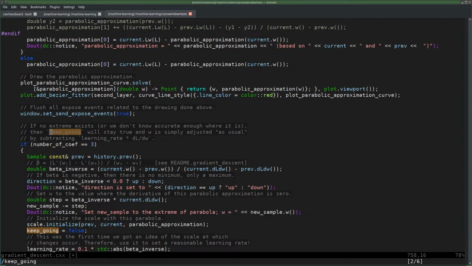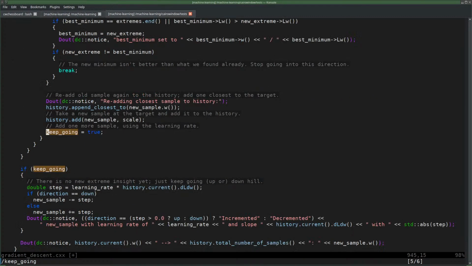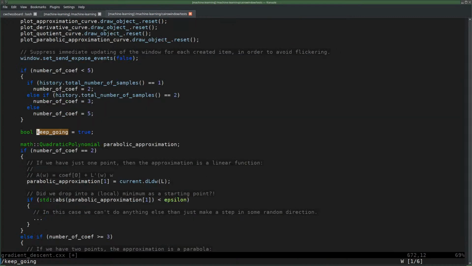That's still that same scope. Enum. Step kind.